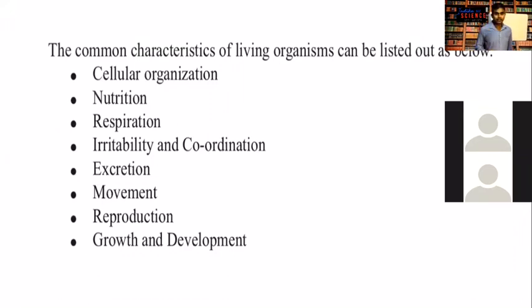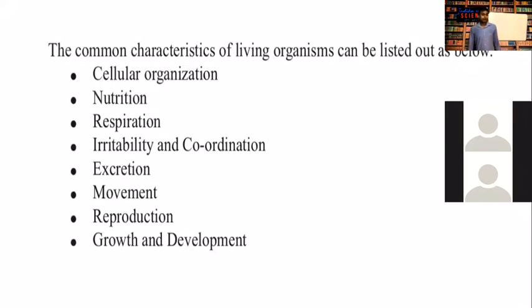For example, an egg cell is a cell which we can observe with our naked eye. But there are some cells we cannot observe with our naked eye. Here we are going to discuss the common characteristics of living organisms.